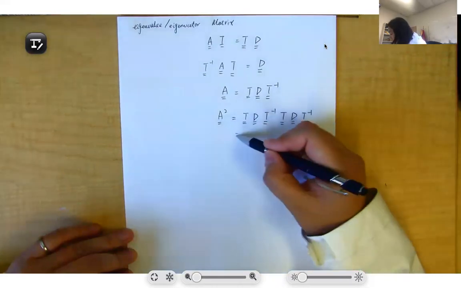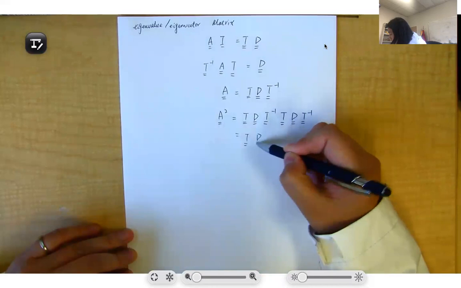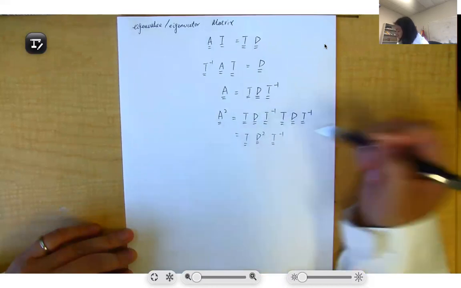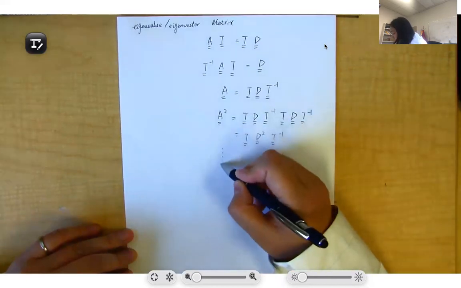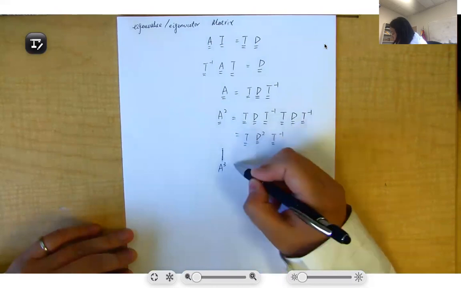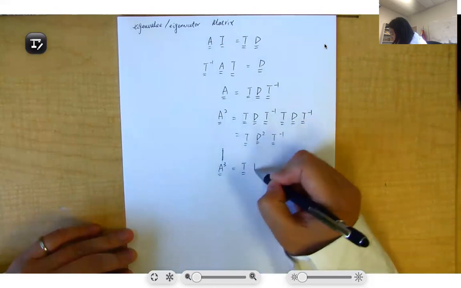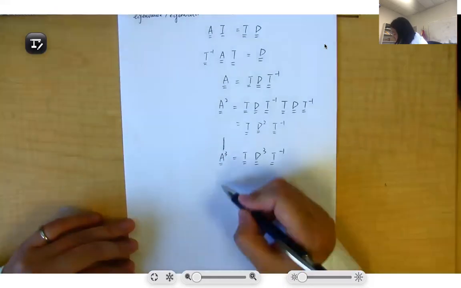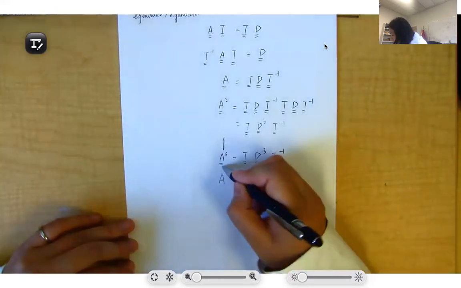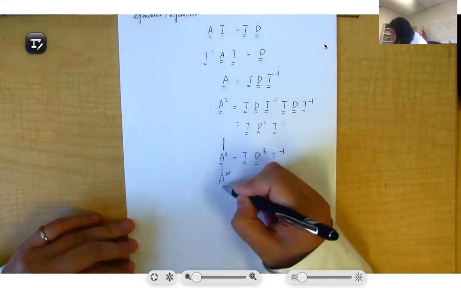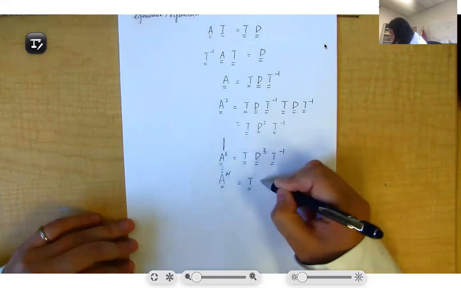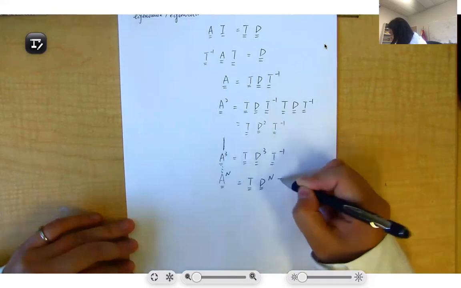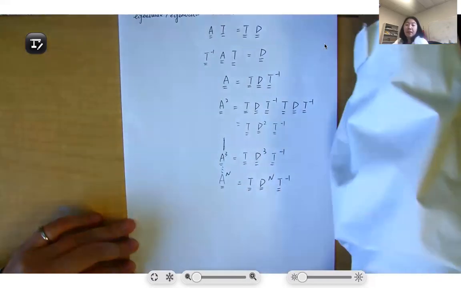So it will be T D squared T inverse. Then A to the third will be T D to the third T inverse. Until A to the N will be T D to the N T inverse. Okay.